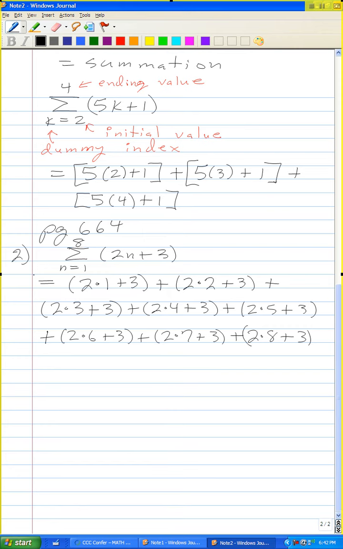And that is the sum of all, and so that is what this compact notation meant. The sum, n equal 1 to 8 of the expression 2n plus 3, is just this following sum.